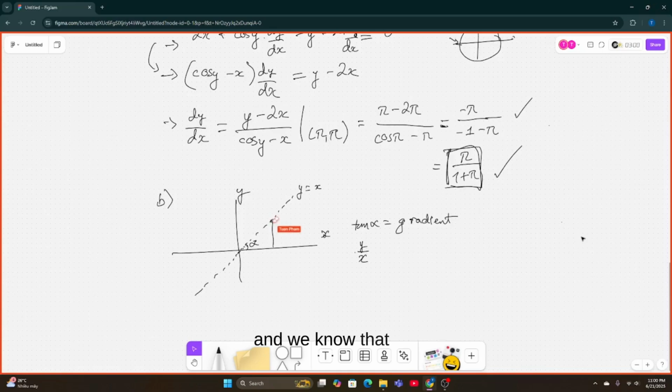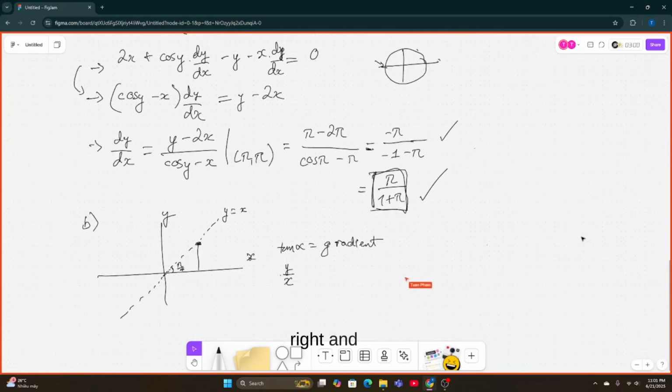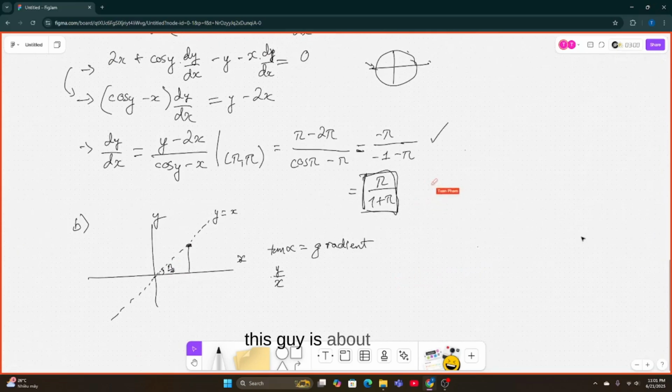And we know that the angle of y equals x is 45 degrees, or pi over 4, and its tangent is equal to 1. The gradient of the tangent line is roughly 3.14 over 4.14, so it's less than 1.